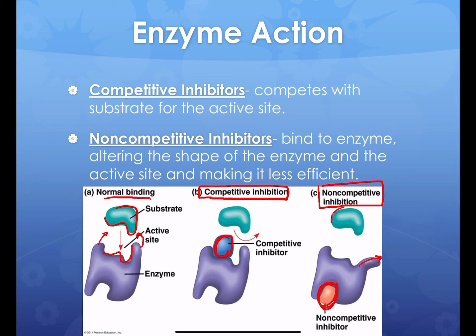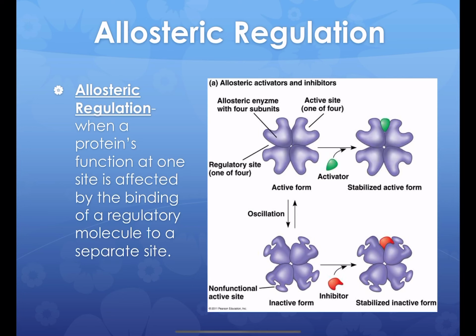While the substrate can still bind, it perhaps doesn't bind as effectively, and so it makes this reaction less effective, okay? So it can still work, although sometimes it may not, but if it does work, it will make it less efficient, okay?